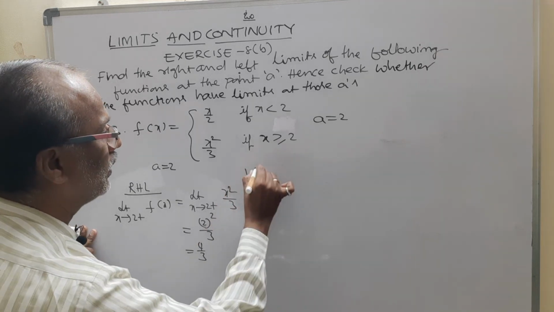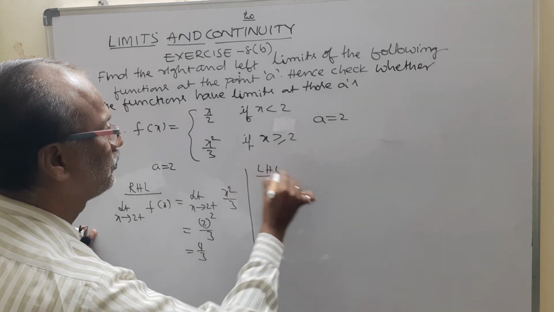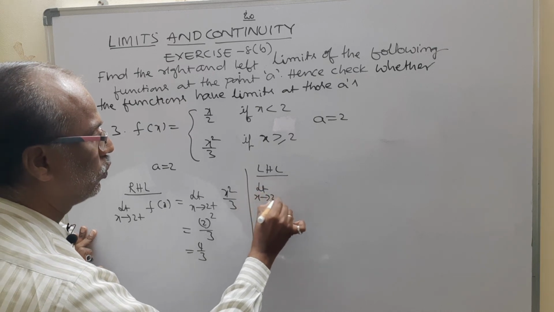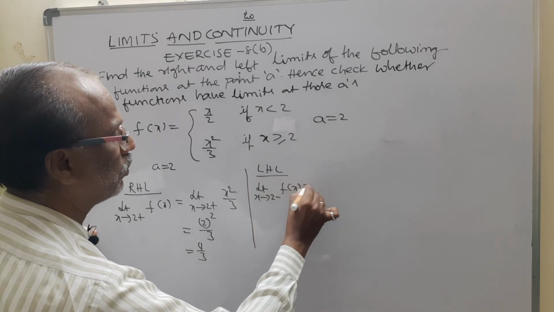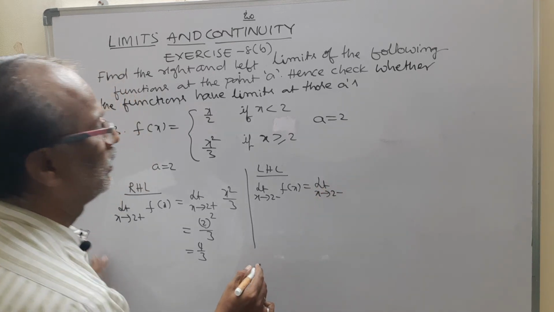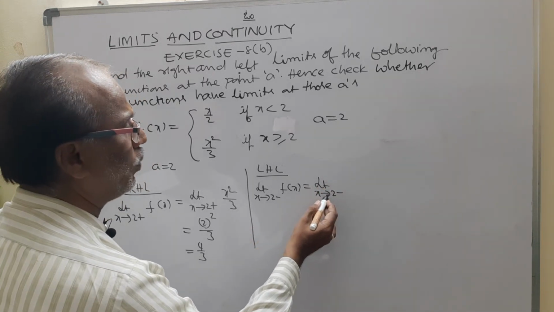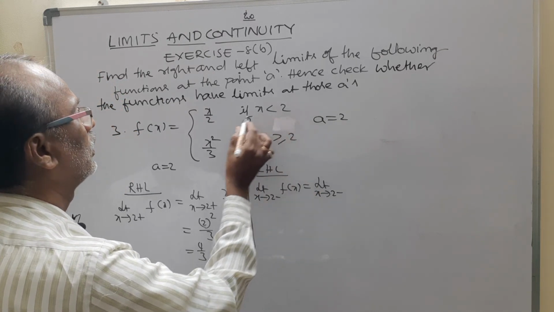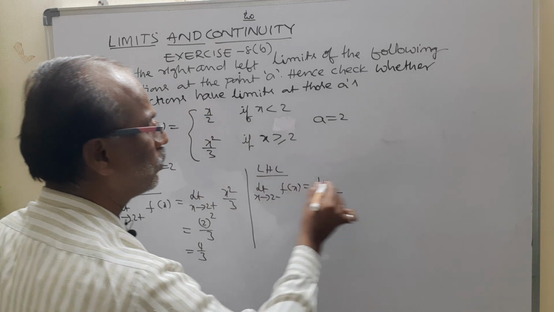Next, find the left hand limit. Limit x tends to 2 minus f of x. X tends to 2 minus means to take the function for x less than 2. If x is less than 2, f of x is equal to x by 2.